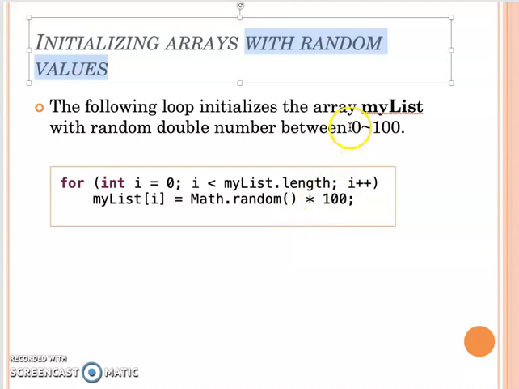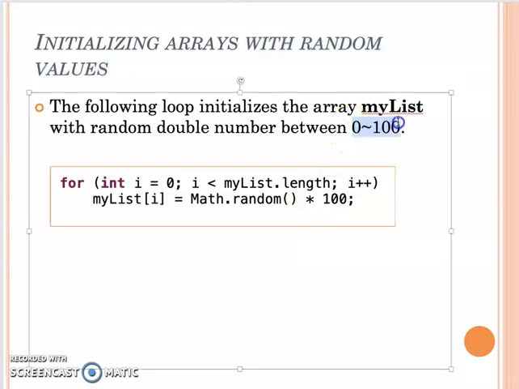Since we want between 0 and 100, we multiply to enlarge it to 100, because remember, Math.random generates a double value between 0 and 1. So we multiply by 100, and it will be between 0 and 100, but not including 100. That's our array initialization and the array syntax.